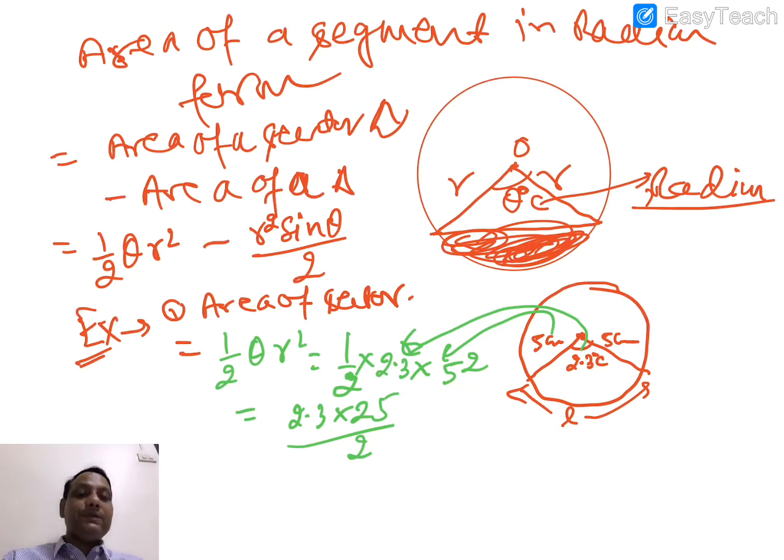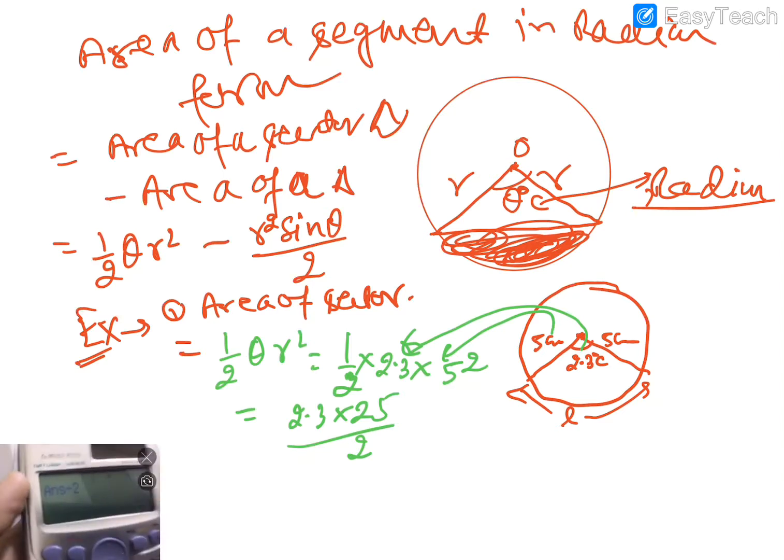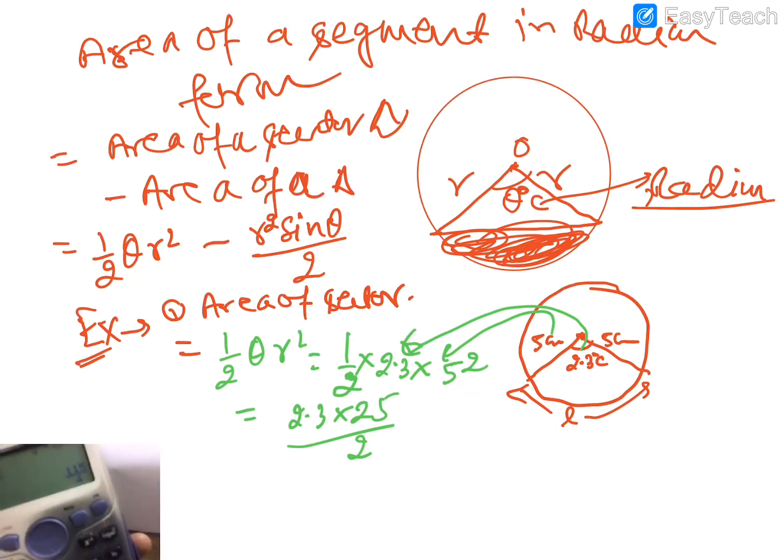I'm just using the calculator for a while, and you can see here: 2.3 times 25, divided by 2. I press the S-D button and you can all see the calculation.